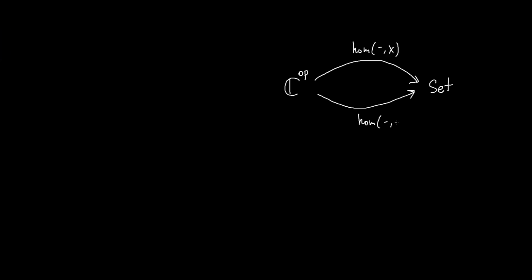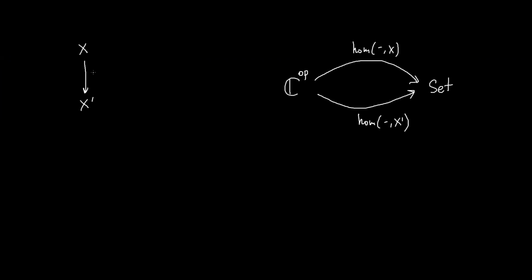The other functor will be Hom(-, X prime). The intuition here, once again, is that I'm trying my best to view an object X as a set. I don't view it literally as a set. I view it as a slightly more generalized kind of set, a variable set. And now I want to view an arrow from X to X prime as a function between those generalized sets.